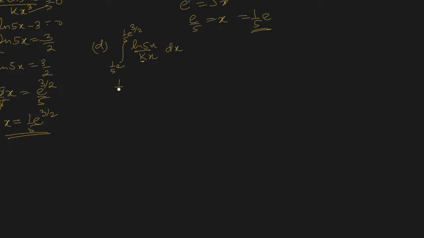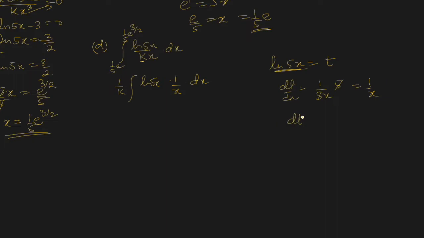Can we write 1 over k ln 5x? Oh, let me write 1 over x separate also. Now, if I assume ln 5x is equal to t, then dt over dx will be the differentiation of this, which is again 1 over 5x times 5. 5 and 5 cancel, 1 over x.